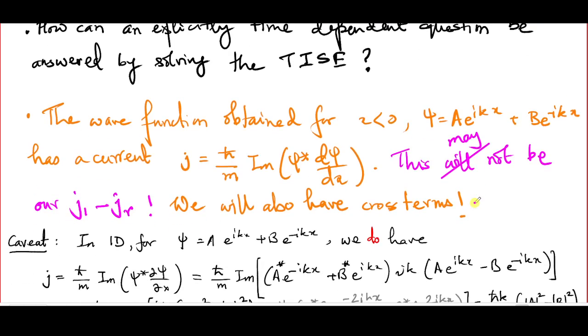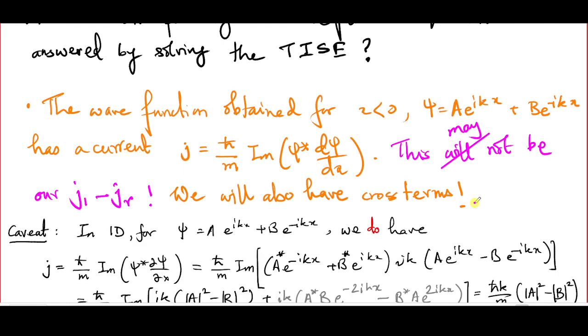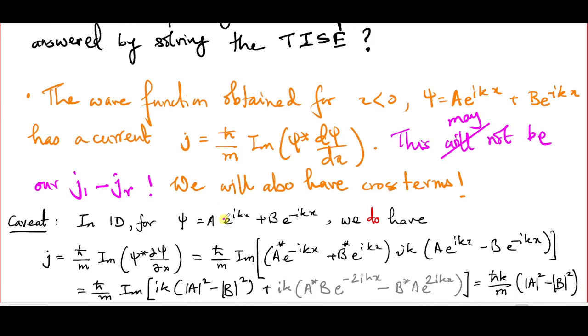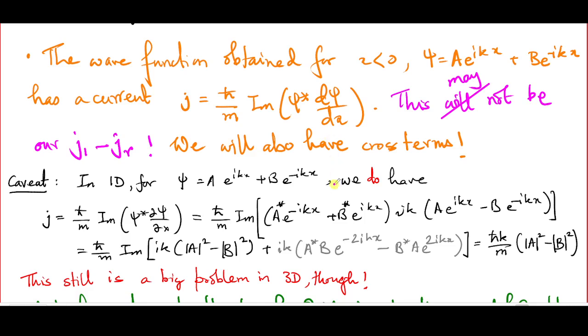In one dimension, if you calculate J by using this h cross by m imaginary part of psi star times d psi dx, what you get is h cross by m imaginary part of, this is psi star, then d psi dx will give you ik, a to the power ikx minus b to the minus ikx. And now you can easily split up this into two pieces. h cross by m, imaginary part, you take the ik and multiply this with this and this with this, you get a mod square minus b mod square.